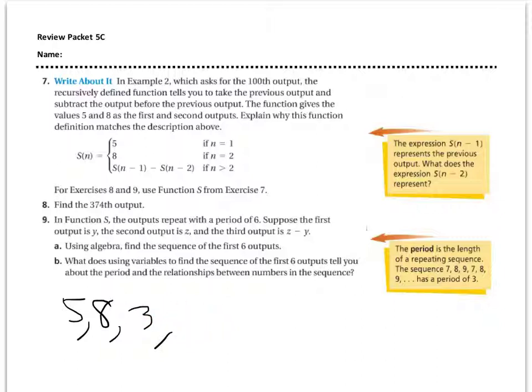In order to find the next one you go 1 before minus 2 before, and in order to find this one, you go this minus this, right?